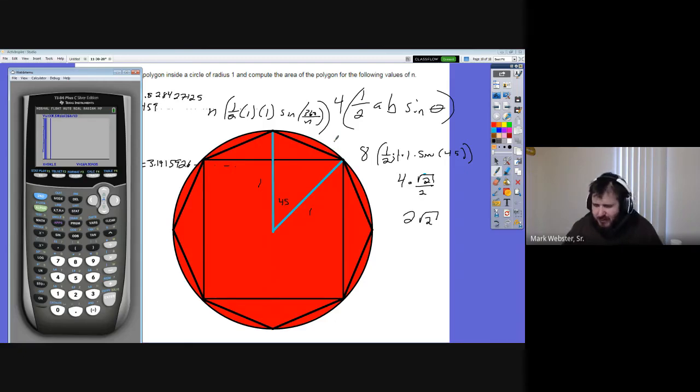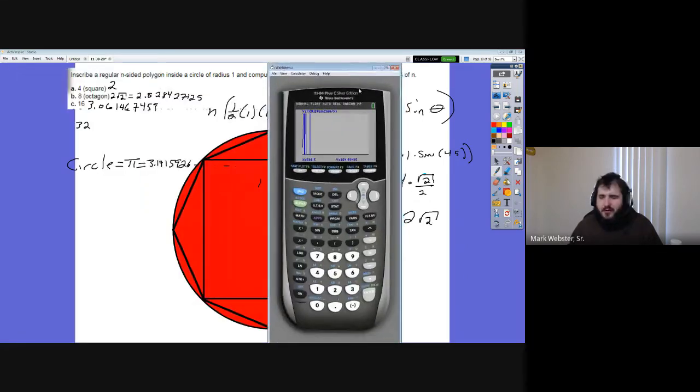Let's use our trace. It's going to be weird because you can't have a decimal number of sides. But look, if we have a square, how did that not give us what we wanted? Oh, you know why? Because I'm in radians.